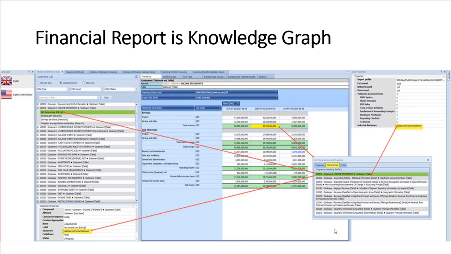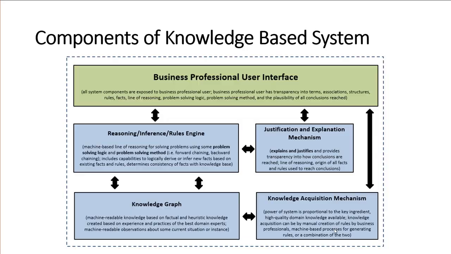If you took a knowledge graph of other areas of knowledge and put it into this, it wouldn't be meaningful at all. But because the type of knowledge that we're dealing with is so consistent, this works really well, and you can display those knowledge graphs in a user interface that's very, very useful to business professionals trying to understand the information.